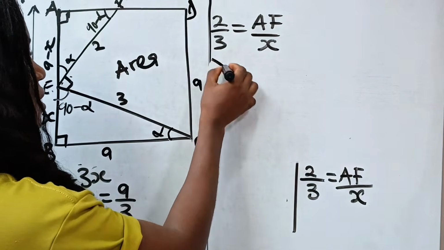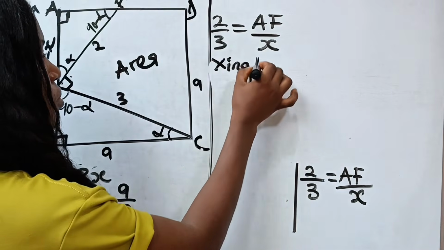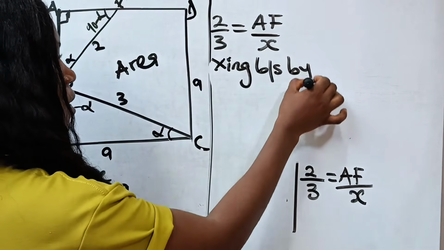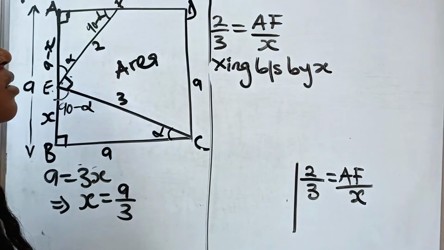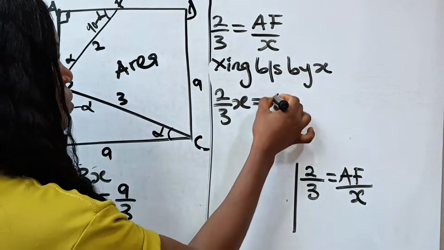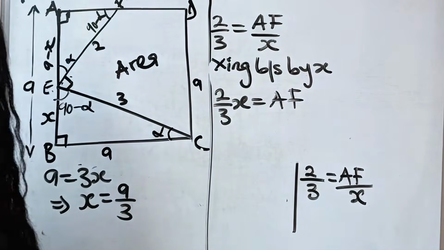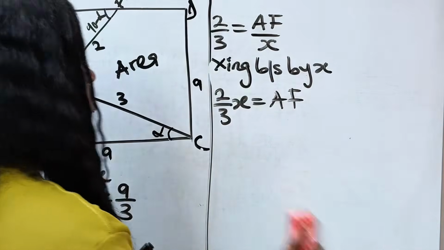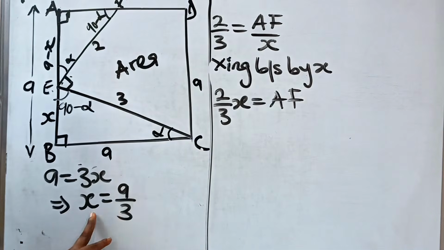So let's just do that. Multiplying both sides by X, we are going to have 2 over 3X is equal to AF. All right. So at this point now, we can substitute our X as A over 3.